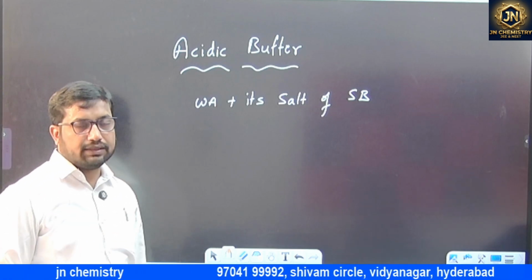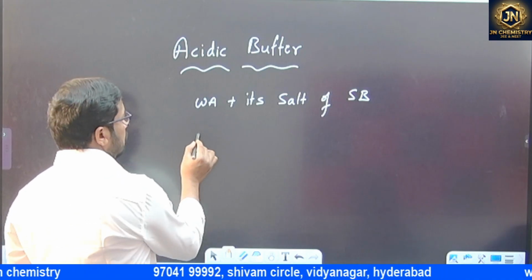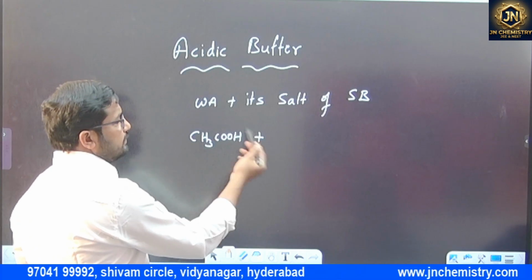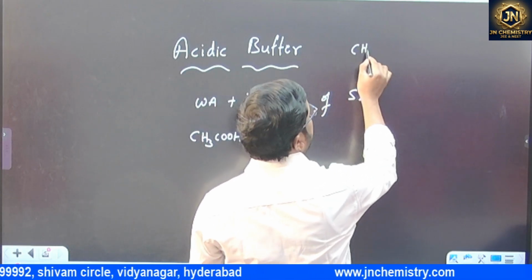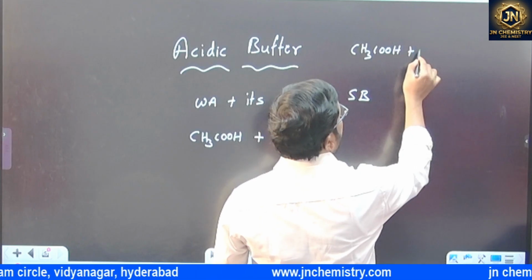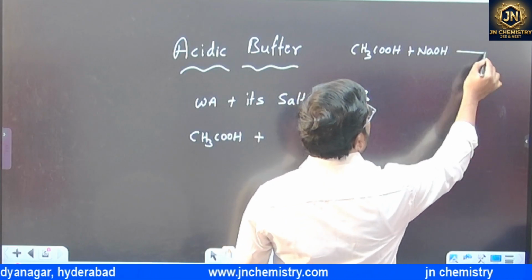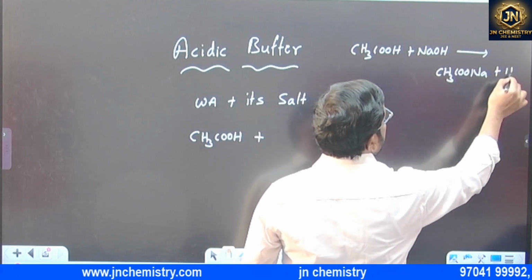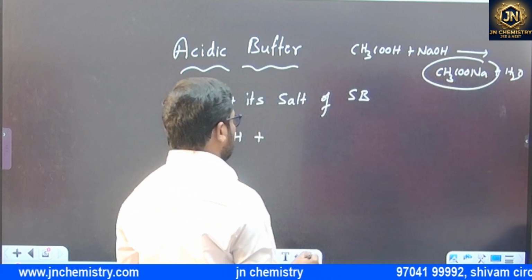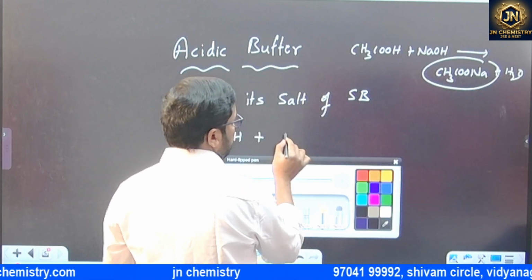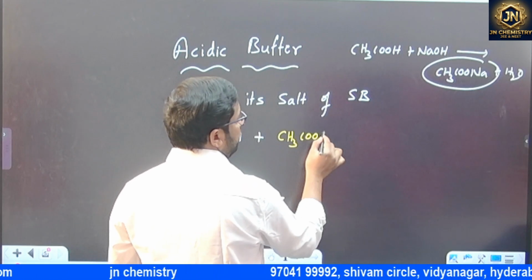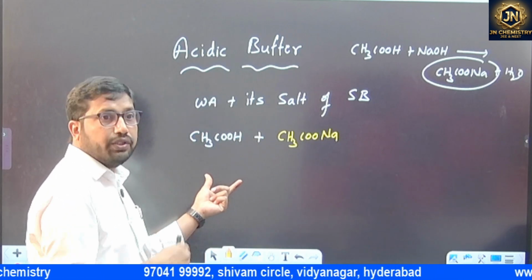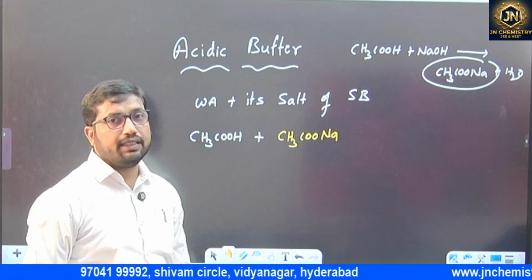For example, CH3COOH is a weak acid, and its salt of a strong base means, with a strong base like NaOH, we get CH3COONa. Weak acid and its salt of strong base. This combination I already told you in the beginning. So we call this an acidic buffer.